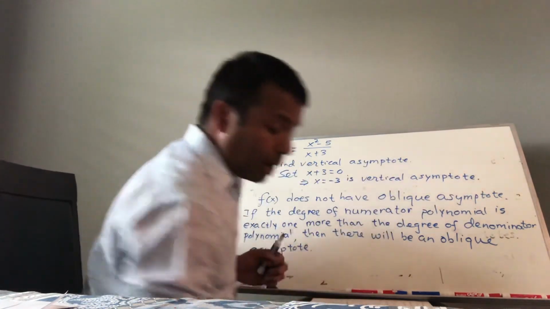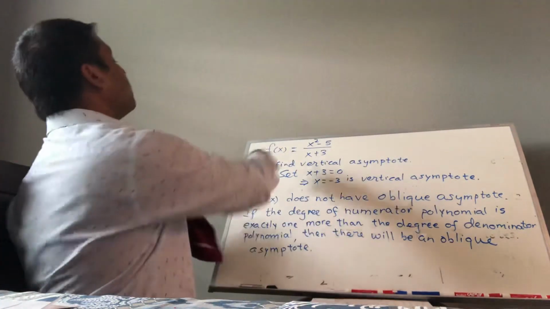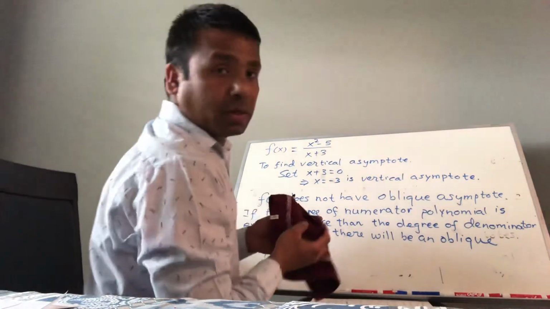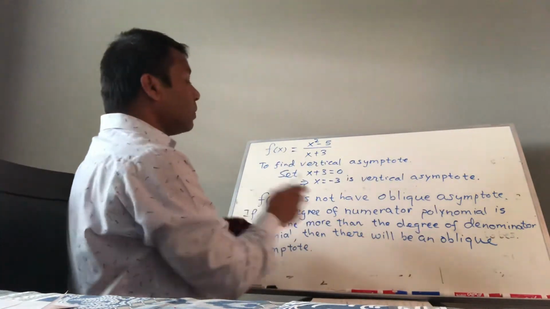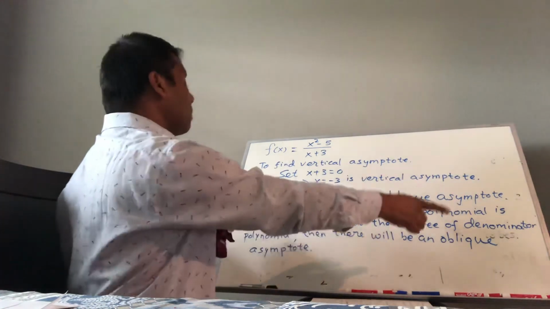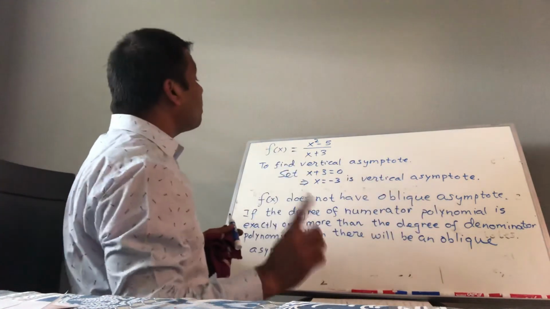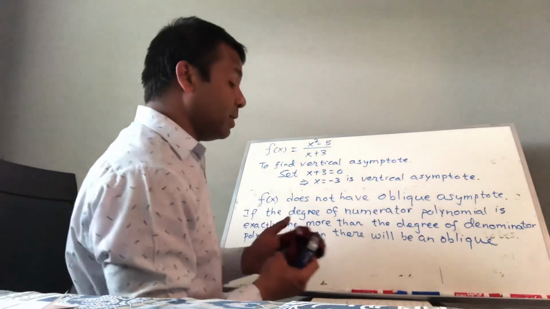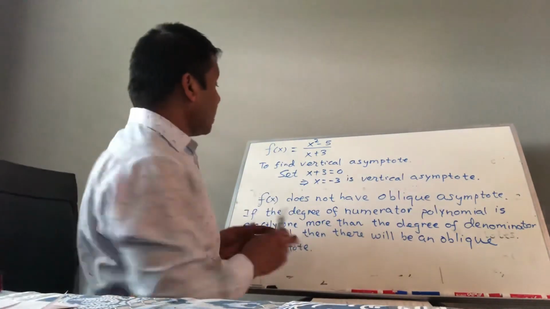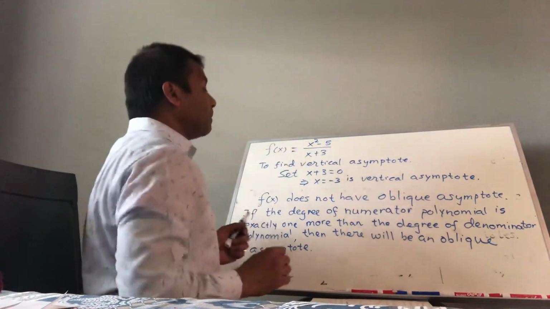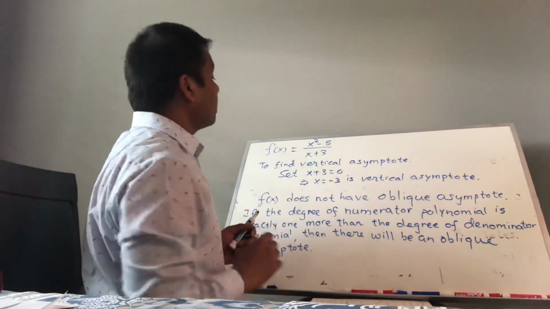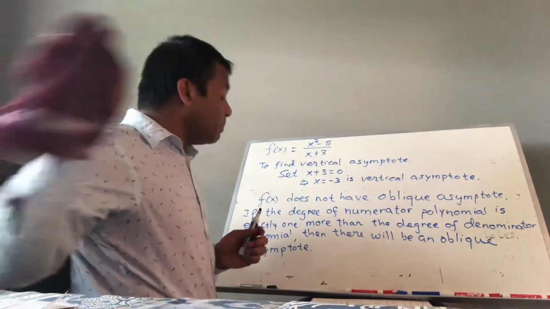But now look here, what is the degree of the numerator? 2. What is the degree of the denominator? 1. So the degree of the numerator is exactly 1 more than the degree of the denominator, so this rational function has an oblique asymptote.